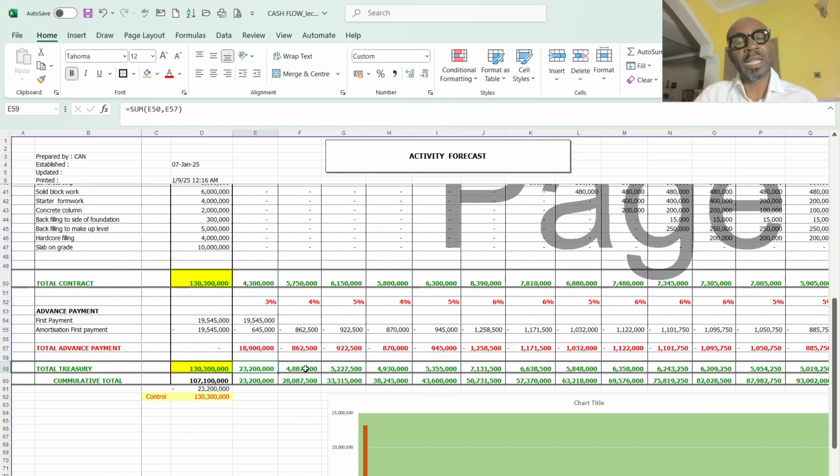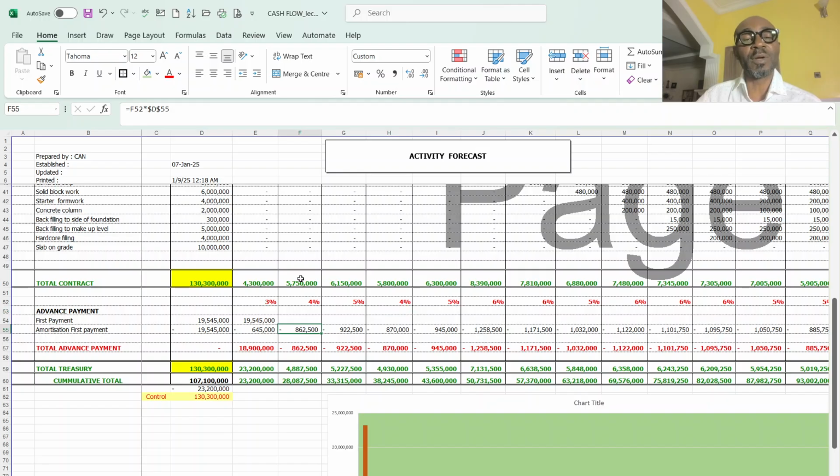Day two, I have done the same: I have done 5.7 million, and 4% is the value of the total contract value. The amortization is 862.